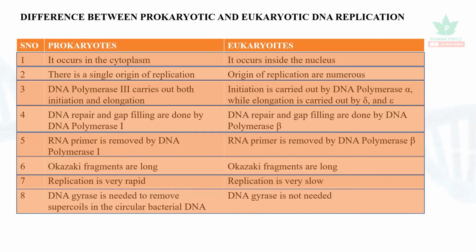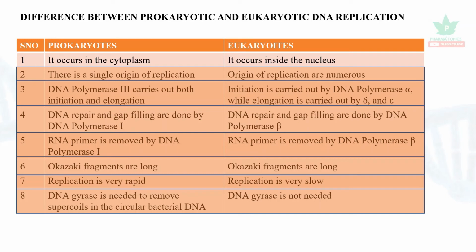So let us see the differences between prokaryotic and eukaryotic DNA replication. In prokaryotes, the DNA replication occurs in the cytoplasm, whereas in eukaryotes, it is in the nucleus. There is a single site of origin of replication in the prokaryotes, whereas it is multiple in eukaryotes.